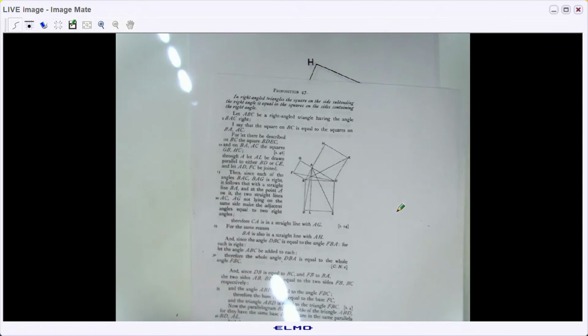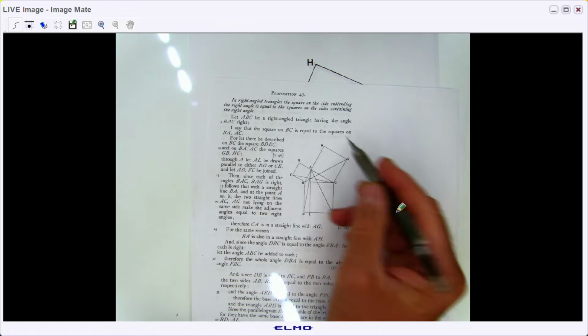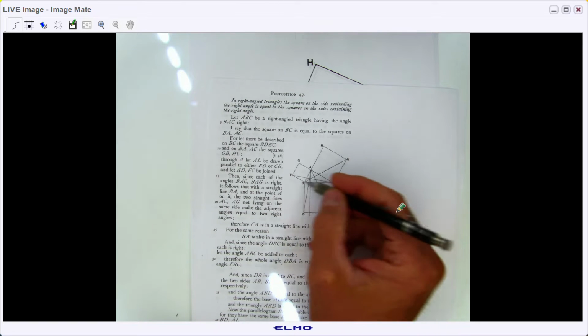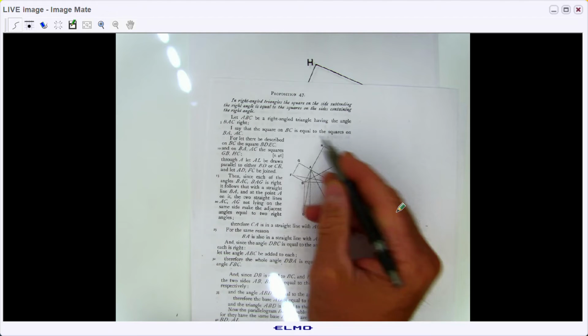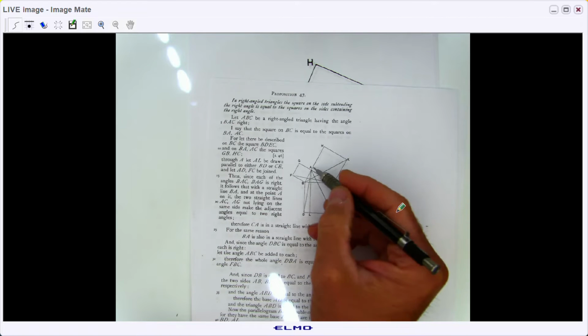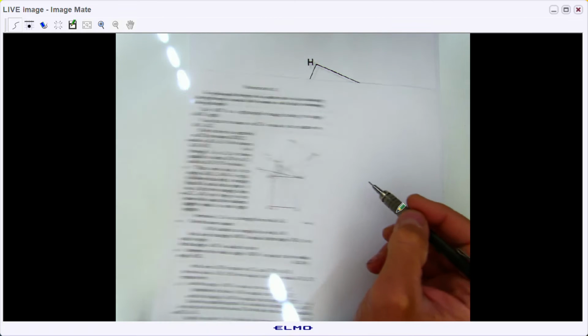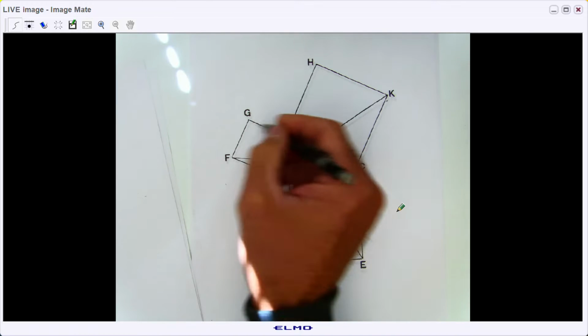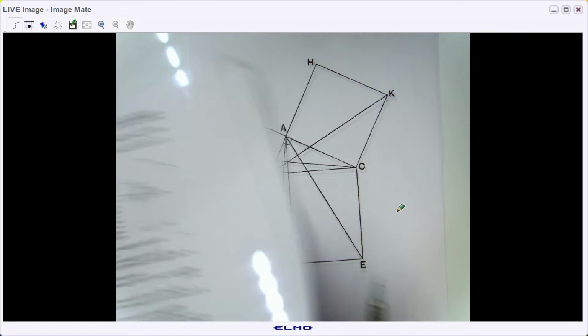Then, I say that the square on BC is equal to the squares on BA and AC. The square on BC is the square built on the hypotenuse, and it's equal to the squares on BA and AC, the two squares on the legs. In other words, this big area is equal to this area plus this area. So he's going to try to prove that.